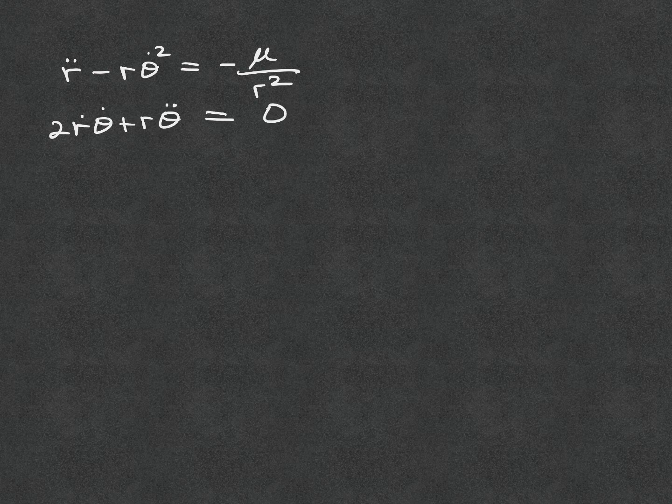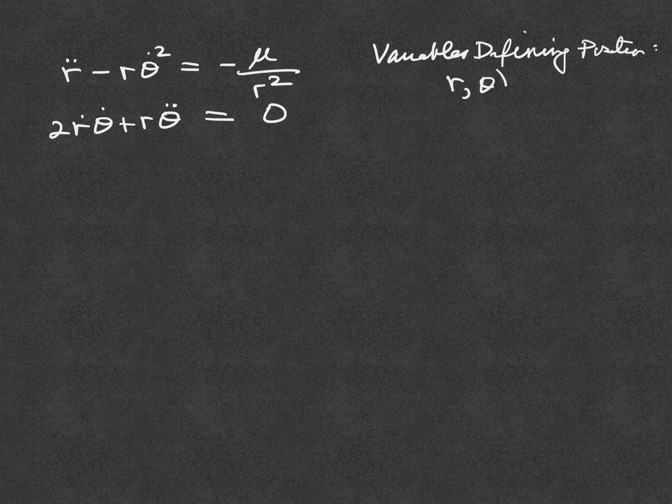Now you can see in these equations the variables, at least the variables that define the position. So let's start with that. The variables defining position. We have to be real clear that this is only the position. These variables are r and theta.